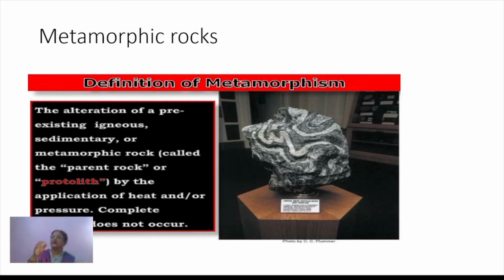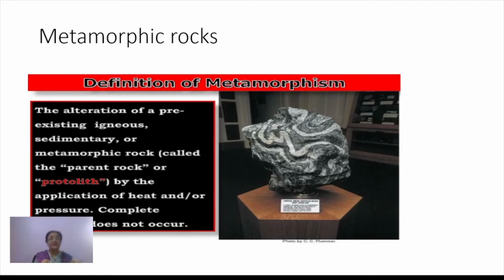Under extreme pressure and high temperature, its features change, and the earlier existing rock, which we generally call the parent rock, changes into a new one. So its features and characteristics change into something new.